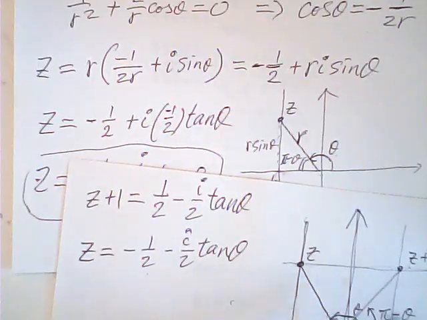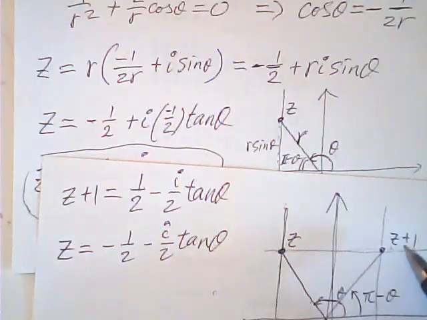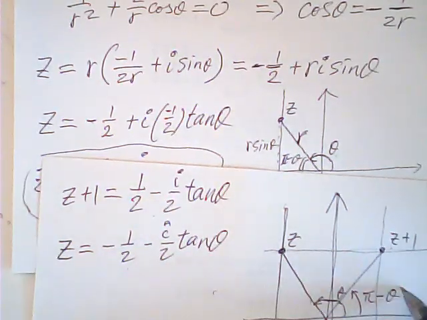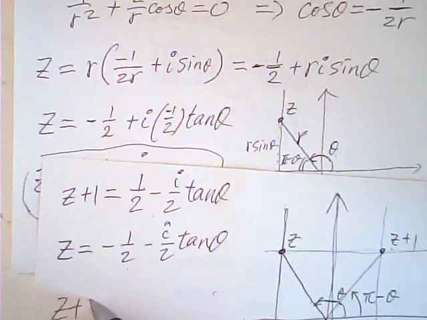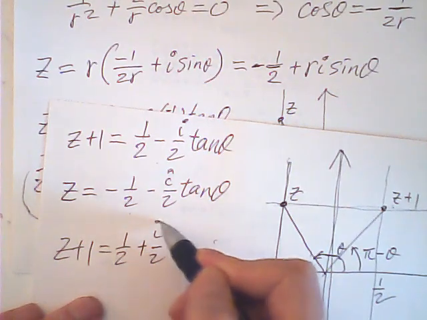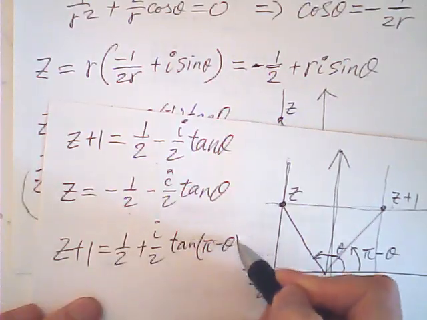So theta is, see, look, if I'm using this one, this is positive. So z plus 1 could be written as a positive tangent of pi minus theta.